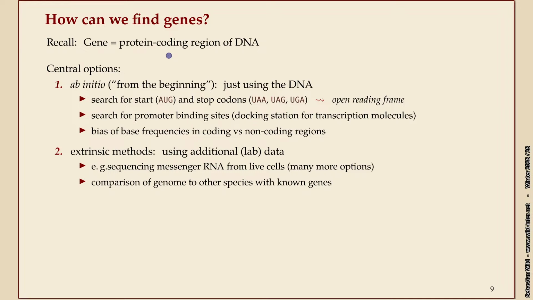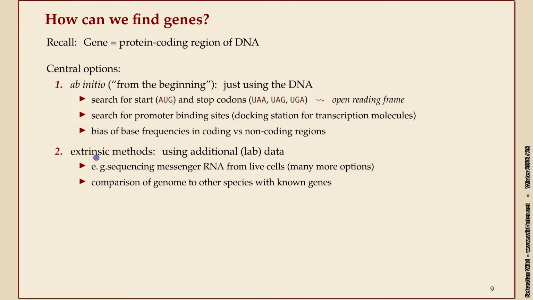And as almost always in bioinformatics, there are two options. One is you just take this data and you try to do something that's intrinsic just to that piece of information. I'll discuss the options in a second.